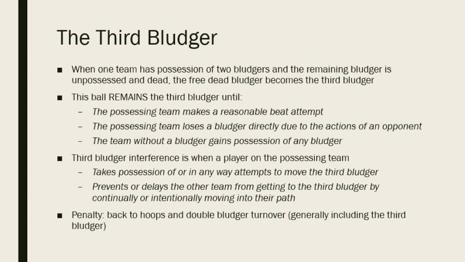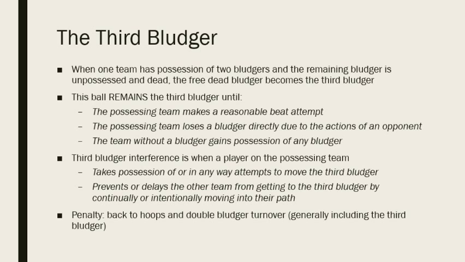If you miss by a little bit or something gets in the way or it was a bit of a risky shot and you tried, but it was obvious what you were trying to do, a referee should see that and you have made a reasonable beat attempt, and therefore the third bludger is not the third bludger anymore. And the last 2 clauses here have to do with the other team. So if you lose a bludger because you get tackled, then the third bludger is no longer the third bludger.